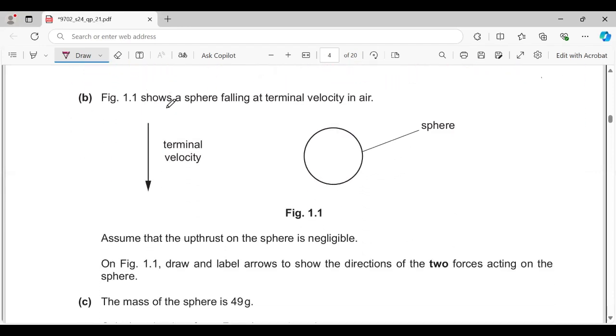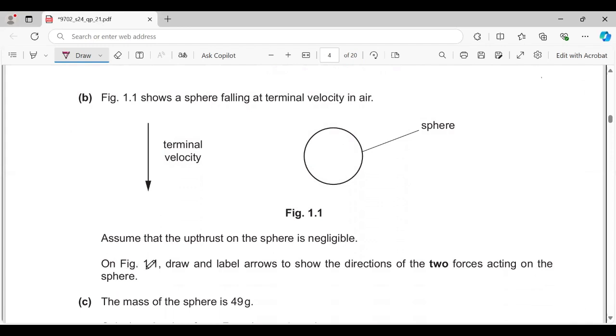Next, figure 1.1 shows a sphere falling at terminal velocity in air. Assume that the upthrust on the sphere is negligible.